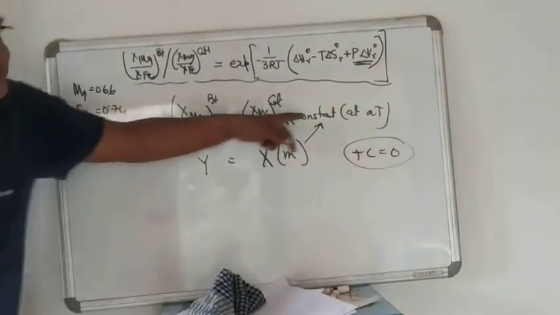So this is the equation of a straight line passing through the origin.